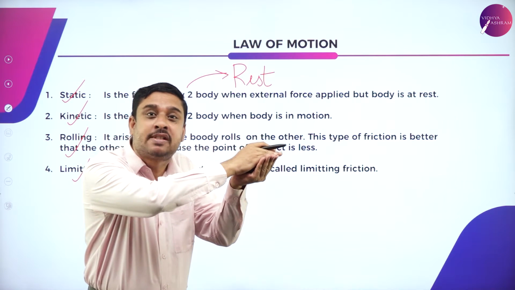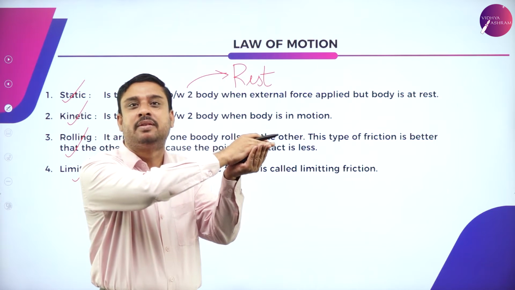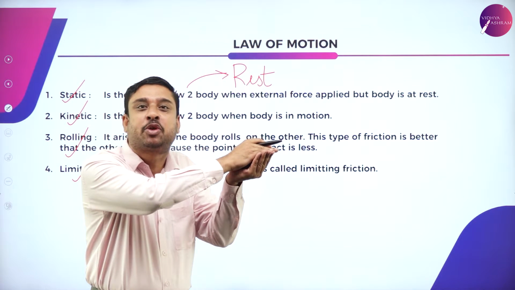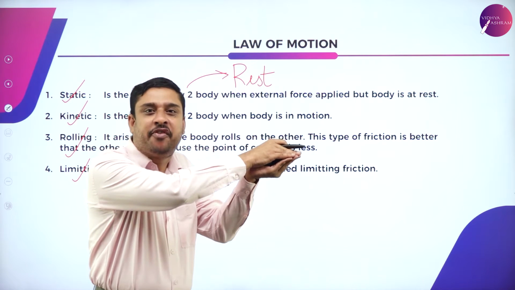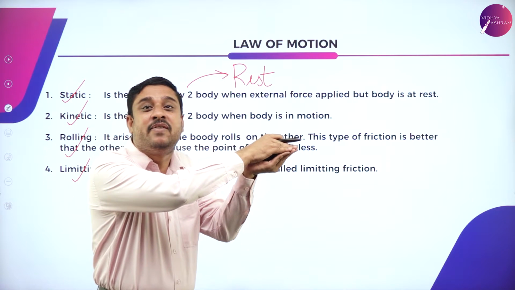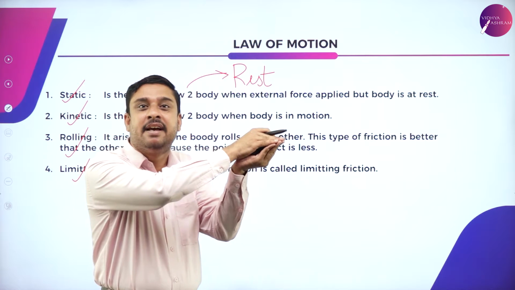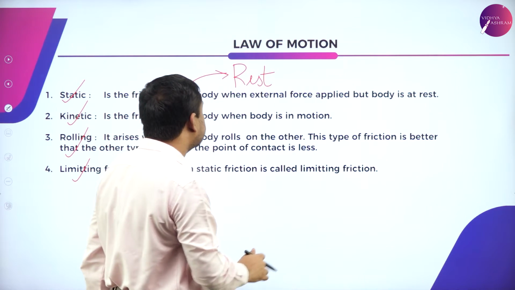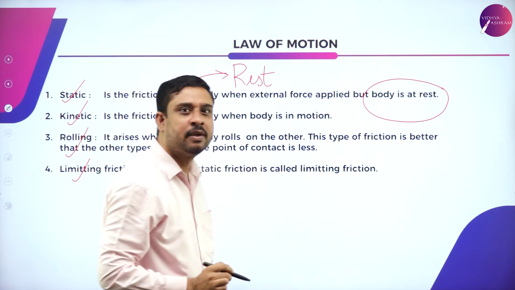They oppose the relative motion between them, but they don't move with respect to each other. They are static. They are relatively at rest. In such a case, the friction developed is called static friction.